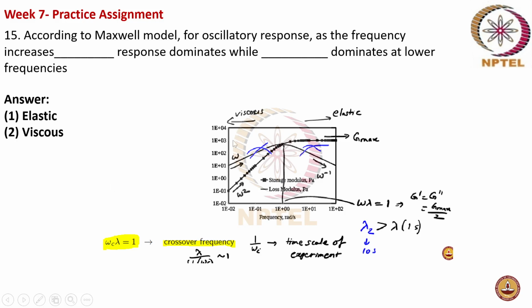Here you could see the G double prime or the E double prime is higher than the storage modulus. Whereas as you increase the frequencies, the material has literally no time to relax. So it shows more of a solid like response or elastic response.